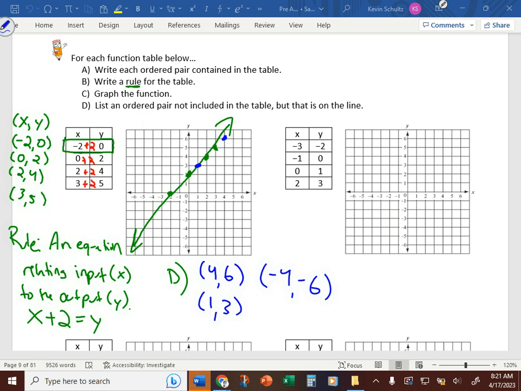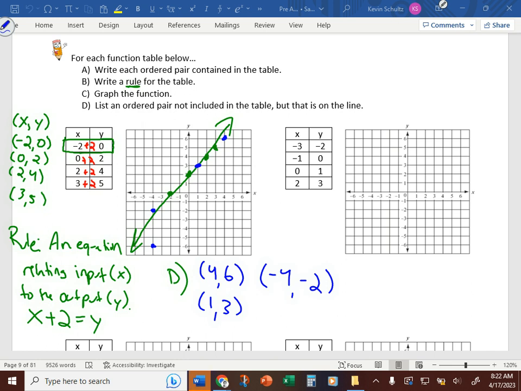And even though my line's not very good, -4 and -6 all the way down here, I didn't miss that bad. Okay? So -4 and -6 is not on the line. However, -4 and -2 is. Because remember with negatives, when you're adding, you're getting closer to 0. So negative 4 plus 2 brings us to negative 2.